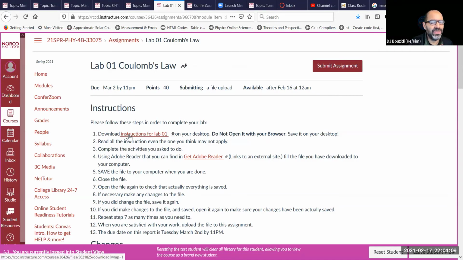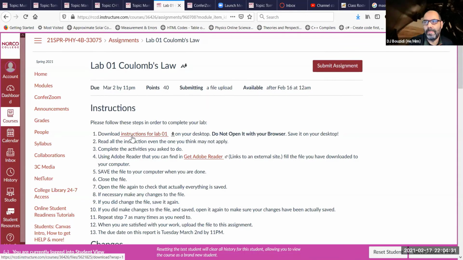If you open this file, and you're on a computer, chances are it's going to be opened by Chrome or Edge or Safari or Firefox or Opera or whatever browser you may have on your computer. It's going to attempt to open this file.